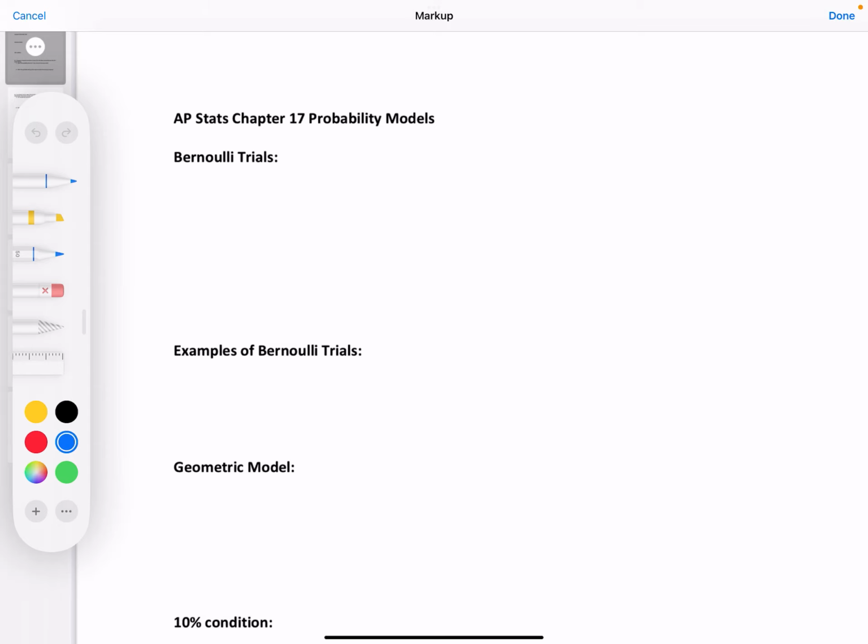Okay, so to start out, it's going to be a little bit of a review of some of the notes from yesterday before we get into examples. But anyways, for Bernoulli trials, there are two possible outcomes.